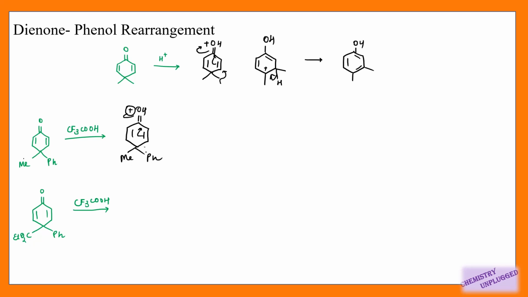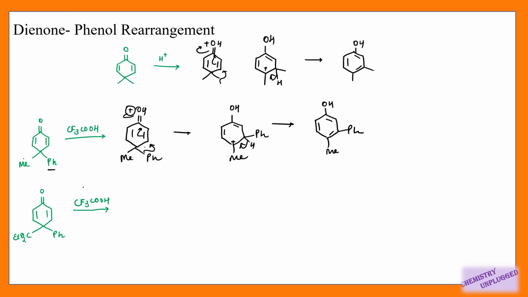So this will migrate here, we will get a positive charge on this carbon, and this proton will be removed and we will get the product, right? So it is easy to find out in this case that we can migrate this phenyl to stabilize this carbocation.